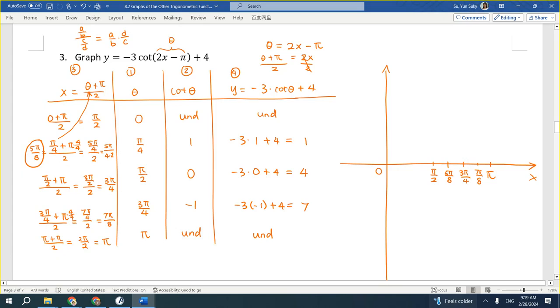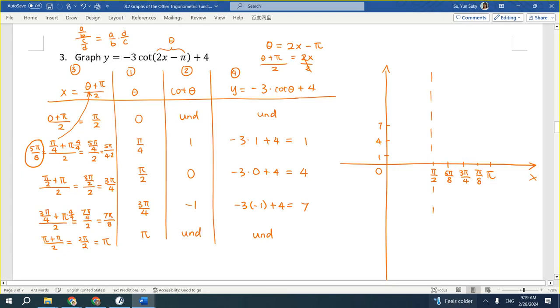Okay. This is the x. The y, we need 3 numbers. 1, 4, 7. So let's say this is 1, this is 4, and that is 7. Okay? Now let's see. Pi over 2. The y value is undefined.